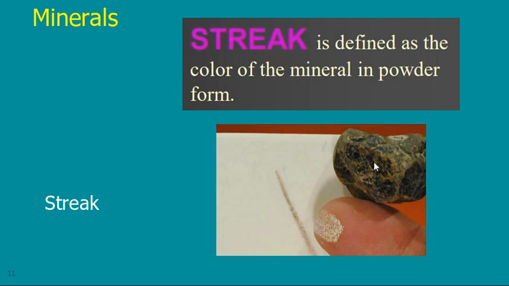So it means that, like chalk, if you scratch this material or change it into powder, it will change into, say, white powder. So the color of the powder of the material is called streak.